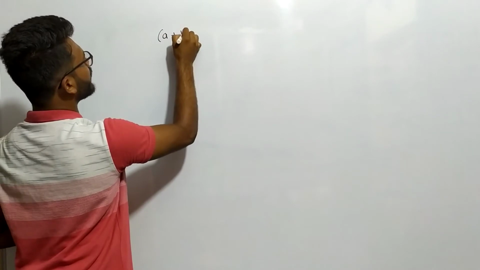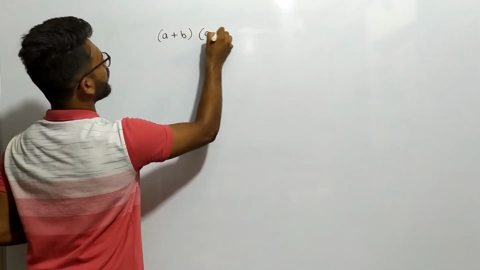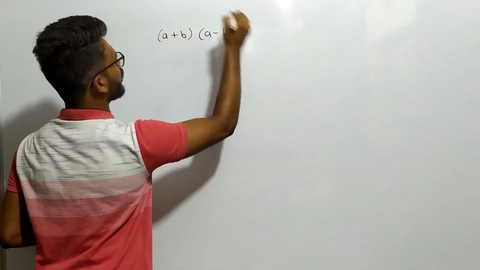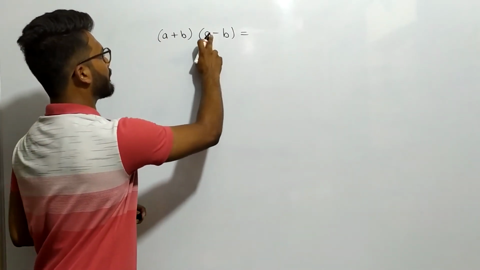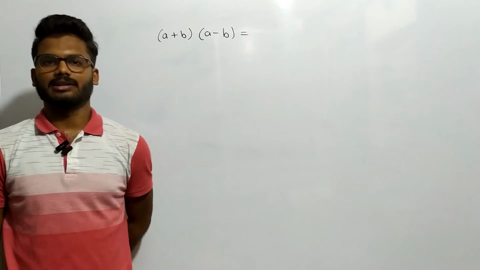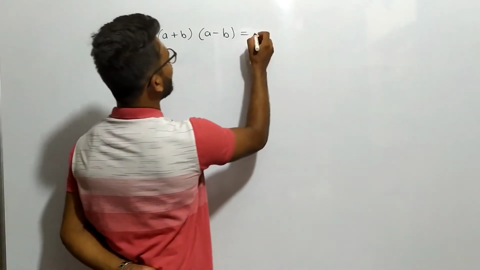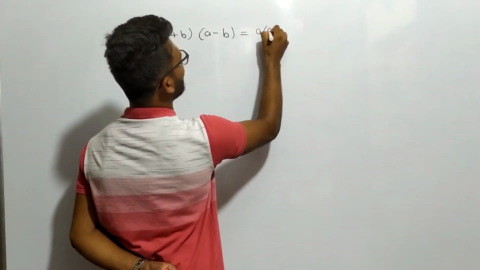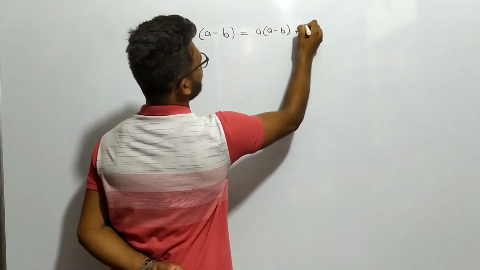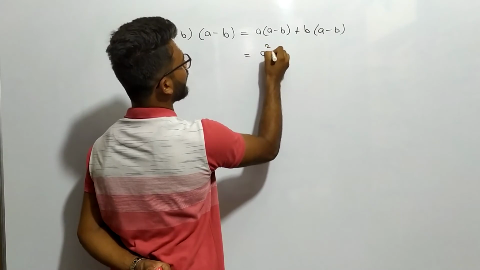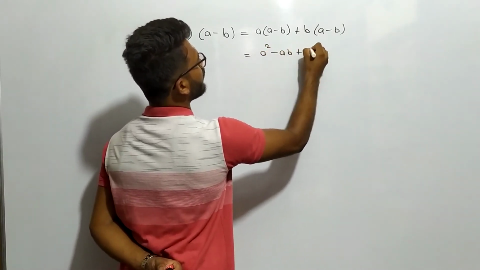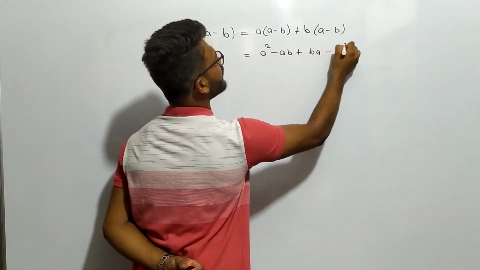a plus b into a minus b is equal to, this is one formula. What will we get? A into a minus b plus b into a minus b, multiplying, right? So what we will get? a square minus ab plus ba minus b square.